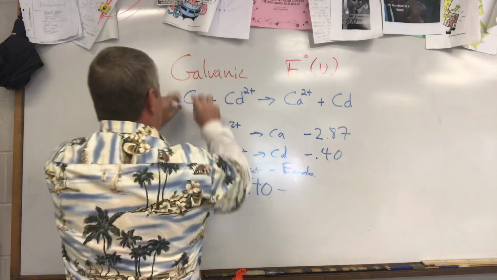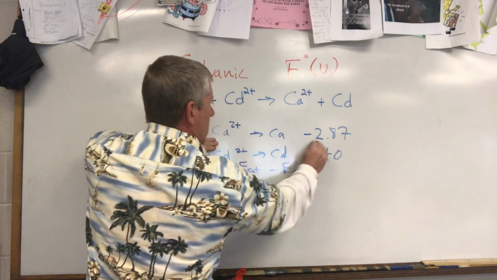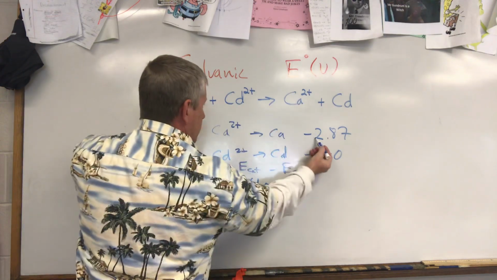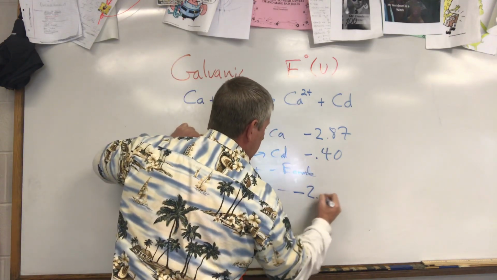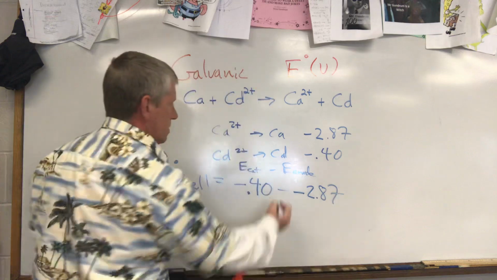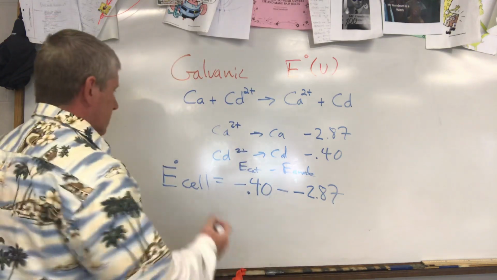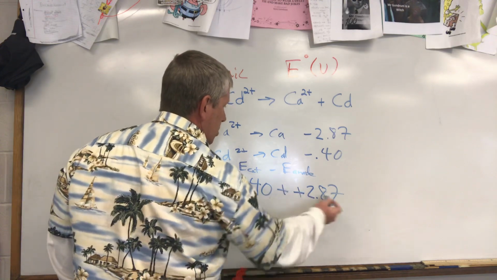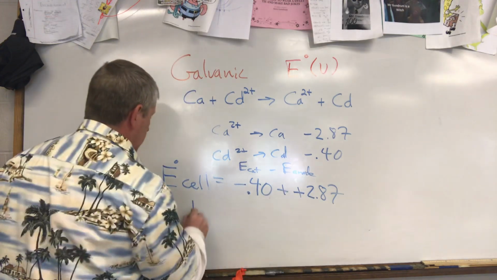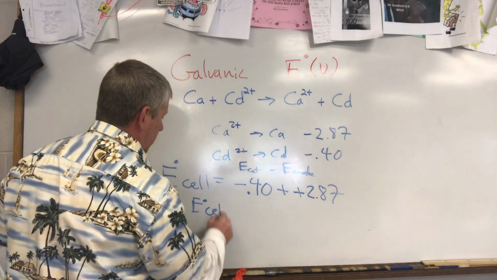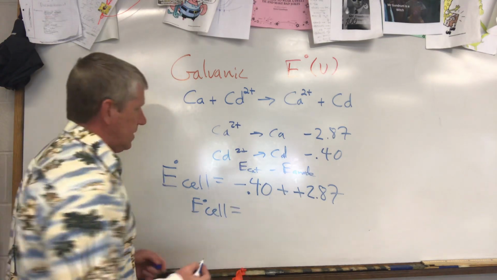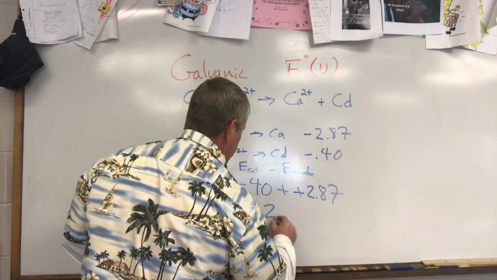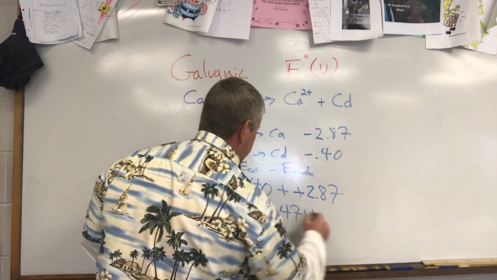It says it's undergoing oxidation, so I take that number and I put it here. Now we do the math. Negative 0.4 plus 2.47. So the E of the cell, the voltage produced by the cell, does come out to be a positive value, positive 2.47 volts.